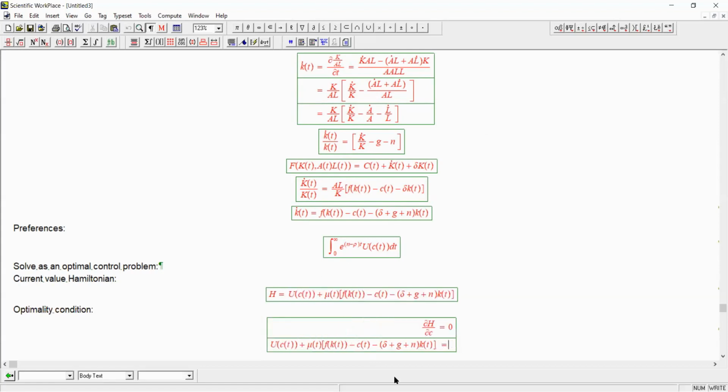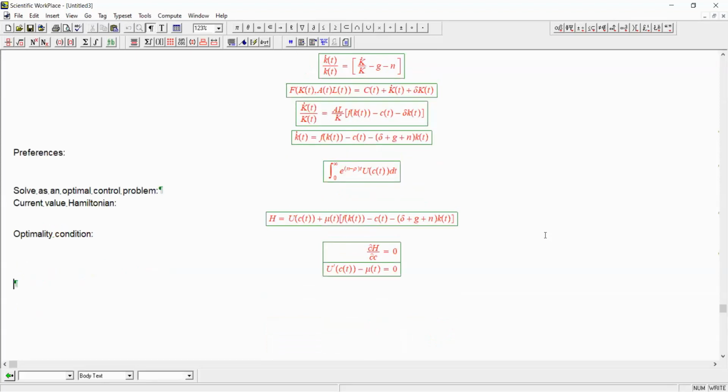The derivative of this with respect to c is just u prime. The derivative of this with respect to c is -1. So we get that this minus the multiplier equals 0.